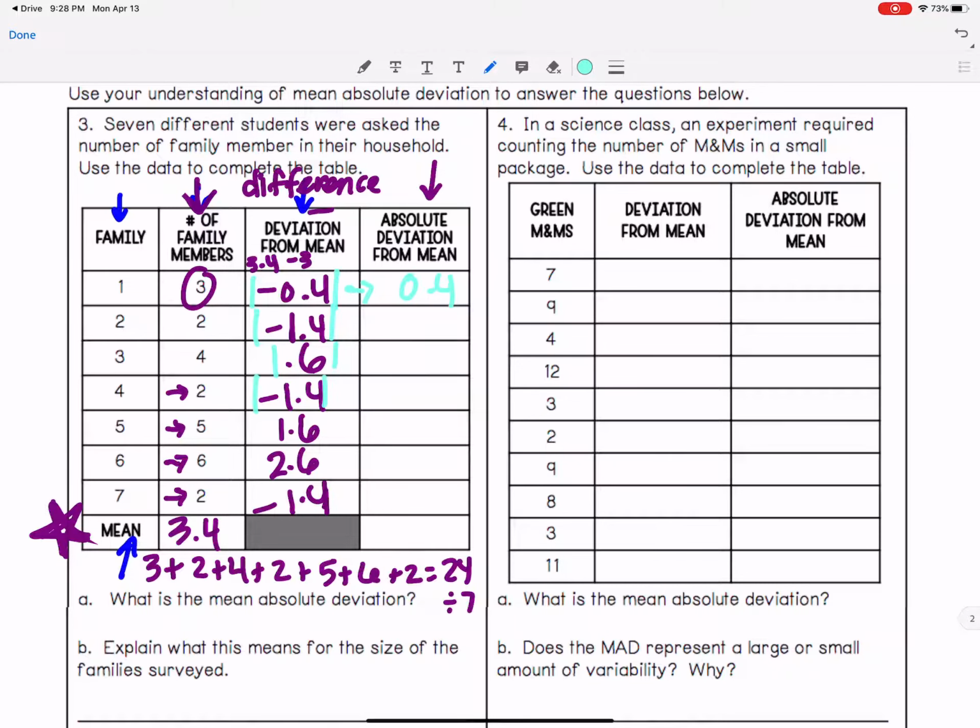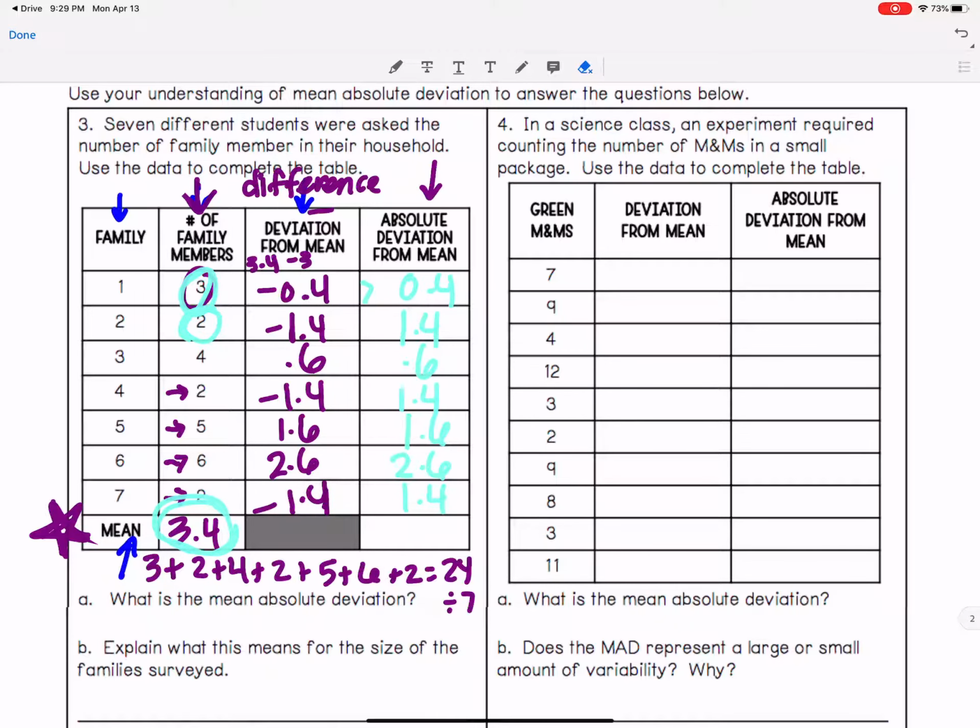It's just saying how far away is your number, 3, how far away is that number from your average or your mean? Well, it's 0.4 away. How far away is 2 from our average of 3.4? Well, it's 1.4 away. So all of these will just be positive numbers. Okay, that looks pretty good. Now I'm going to erase my absolute value line so I don't mess you up.